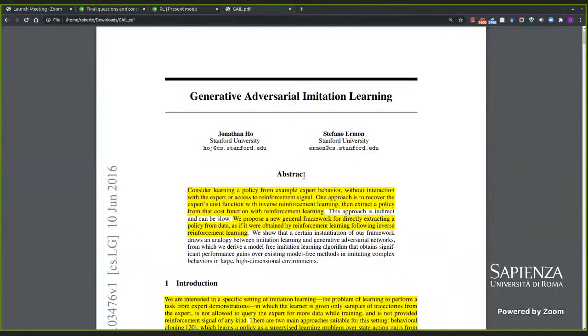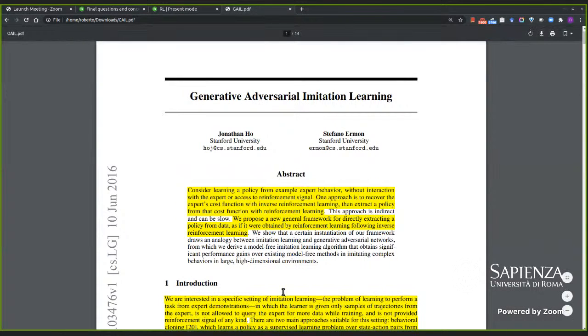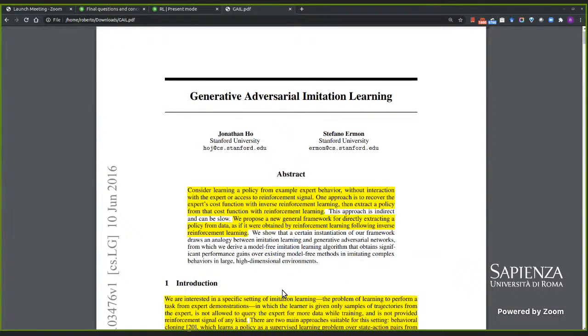So what's the setting here? The goal of imitation learning overall is that of having an expert providing sample trajectories. There is an expert who has a policy that is unknown to us. By using this policy, the agent interacts with the environment, and the only thing that we can observe are the trajectories generated by this expert.